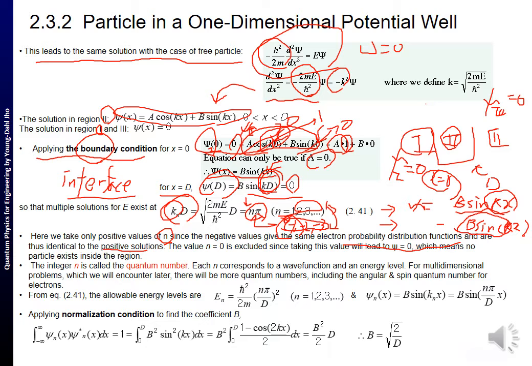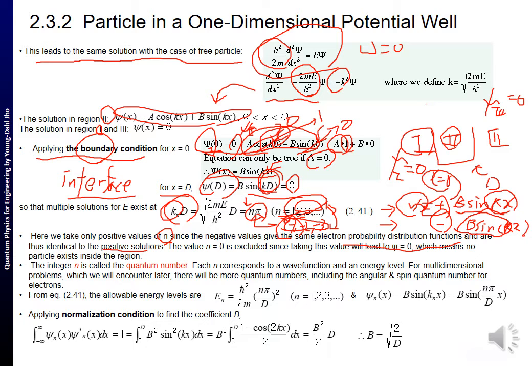In terms of wave function, we have opposite sign, but in terms of probability, which takes the square of the absolute value of psi, they are just the same. So we don't care whether it is plus or minus. That's why positive values and negative values of integers will lead to the same probability.